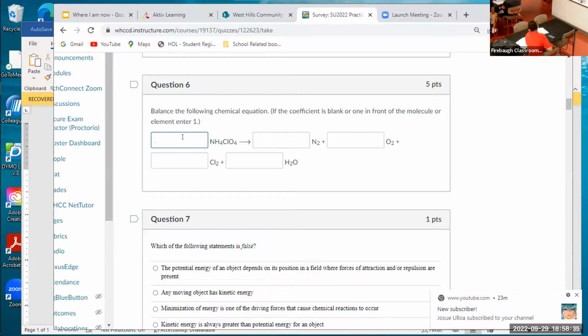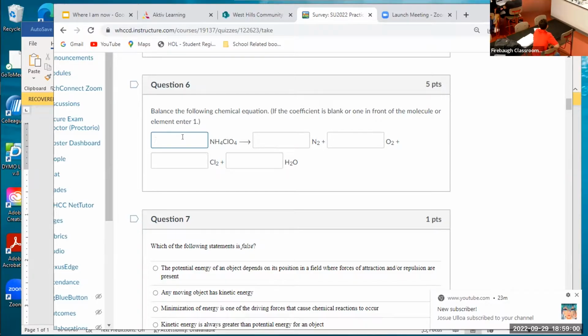What are we gonna do? First, in front of the N. Okay, so then that gives us 2 nitrogens, 8 hydrogens, 2 chlorines, and 8 oxygens.